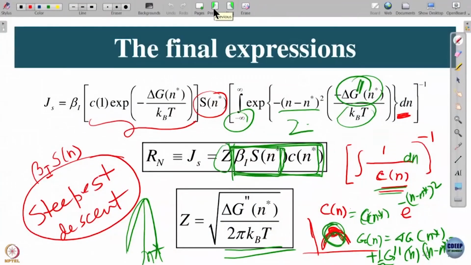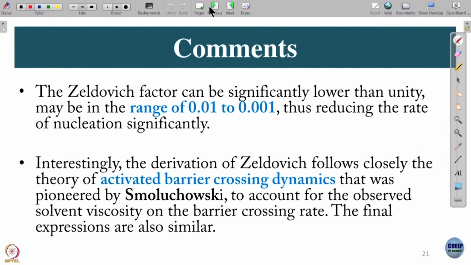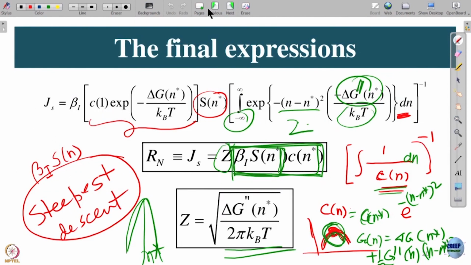So now what is Z? Z is this beautiful expression, let me write it down. That delta G second derivative by 2 pi kBT.